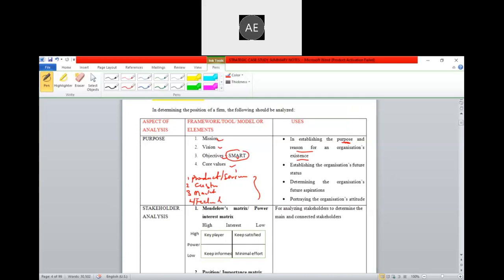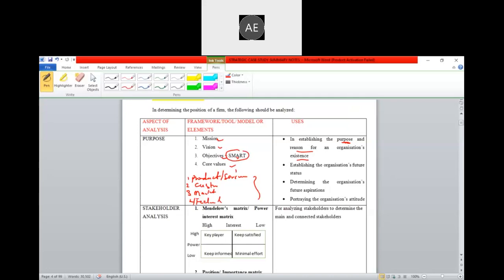So generally, a good objective should be SMART, meaning that a good objective must be specific, measurable, agreed, realistic, and time bound. So when you are asked to comment on the objective of a company, then this will be your benchmark. If you look into the objective and these elements are included, then you can conclude that it's a good objective. If not, then it is not a good one, right?